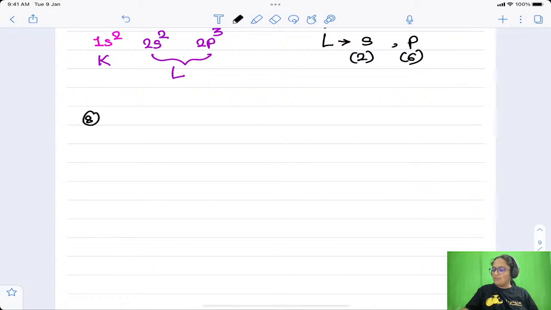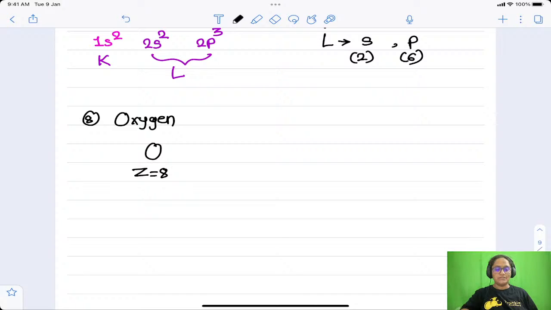Okay, after nitrogen let us see the next example. The 8th example is oxygen. For oxygen the symbol is O, atomic number is 8. That means there are 8 electrons in it. Okay, so this is the nucleus of the oxygen atom.